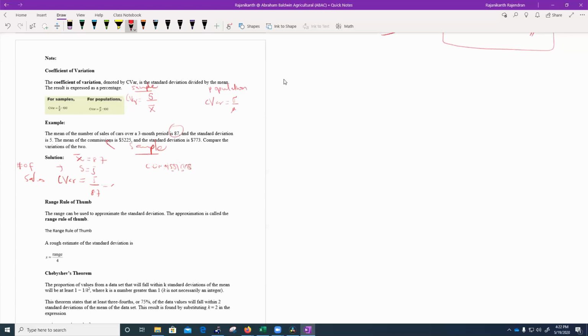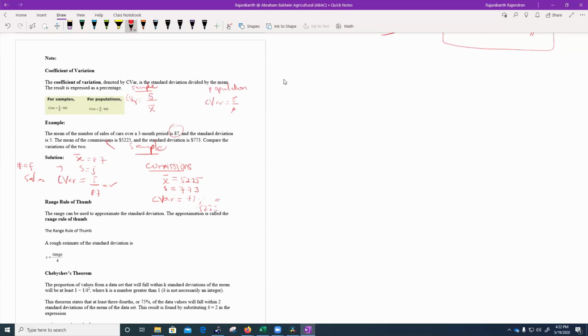For the commissions, X bar, the mean of the commission, is 52.25, and the standard deviation for that variable is 773. For this variable, my coefficient of variation is simply the same formula, 773 divided by 52.25. So find this answer also.